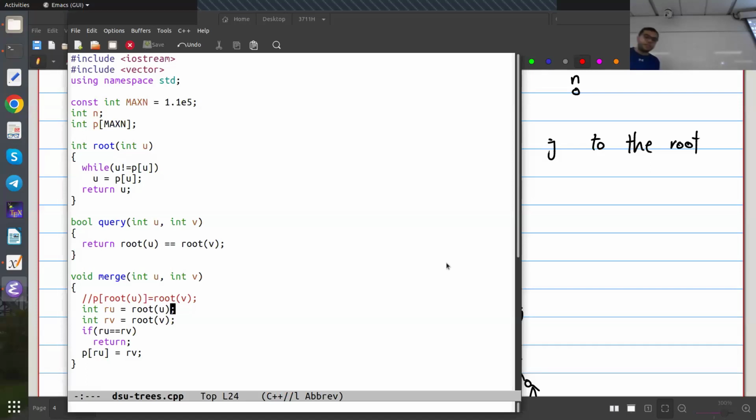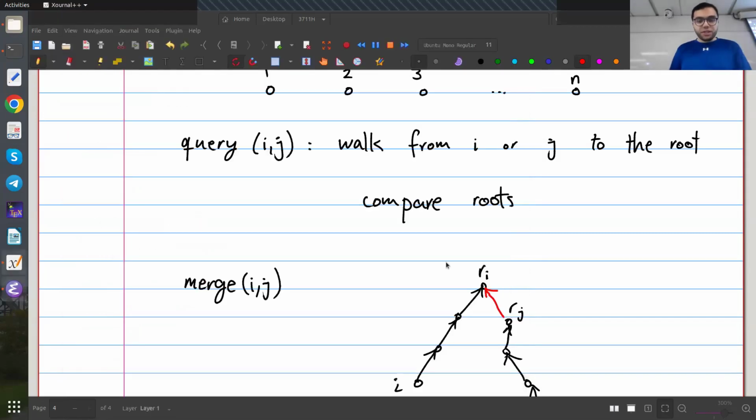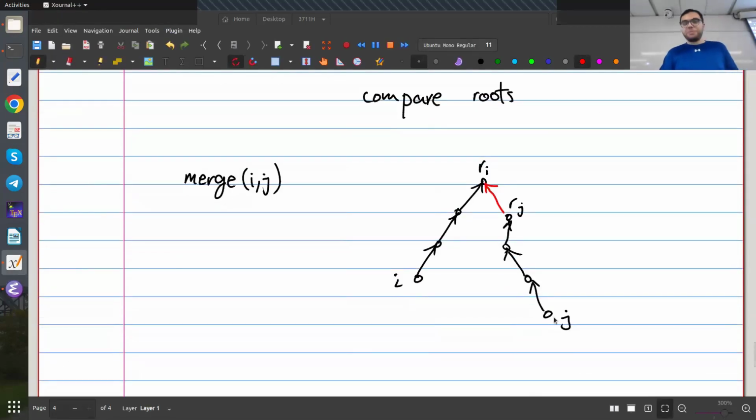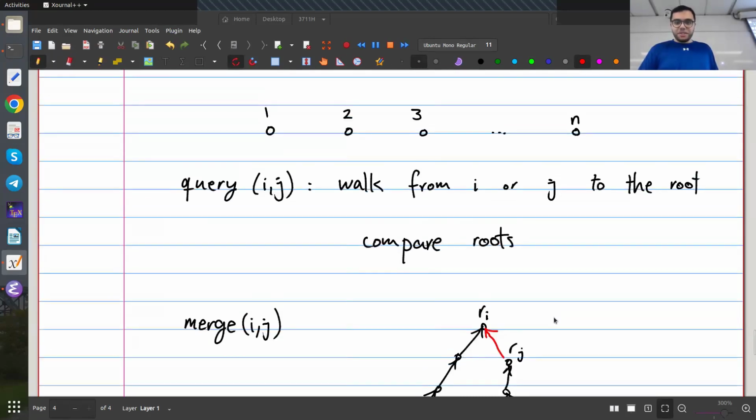So how much time does it take to compute the root from one particular vertex? Well, in the worst case, this vertex is maybe a leaf in the lowest level of my tree, and then I have to take all the way up. So it's O(H), where H is the height of the tree. So now I have that my query takes O(H) time, and my merge also takes O(H) time, because I'm starting somewhere in the tree and I'm just going up.